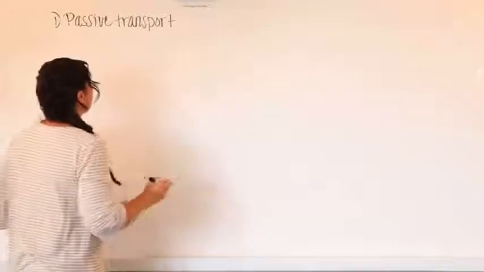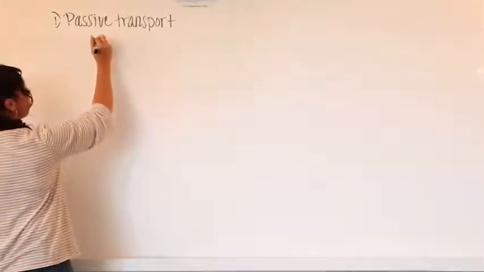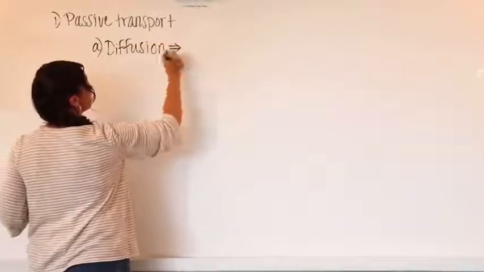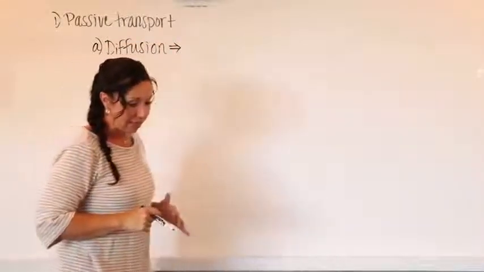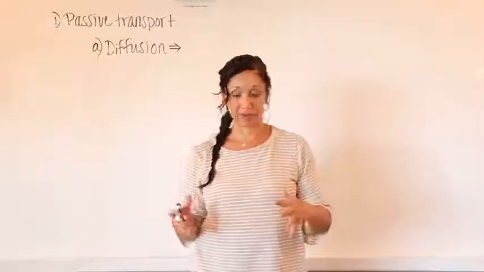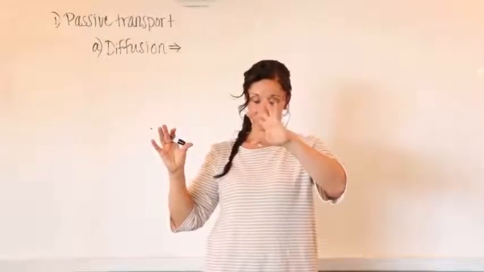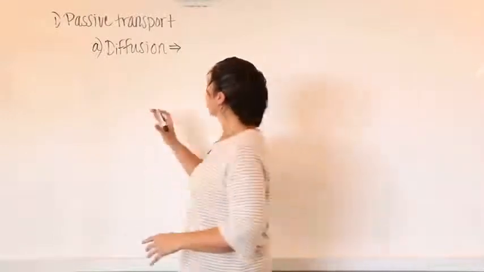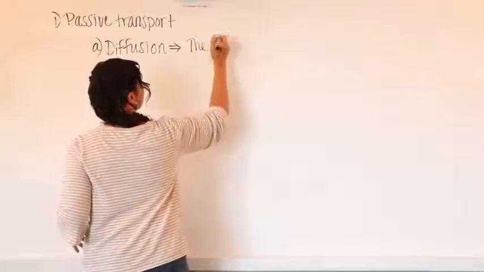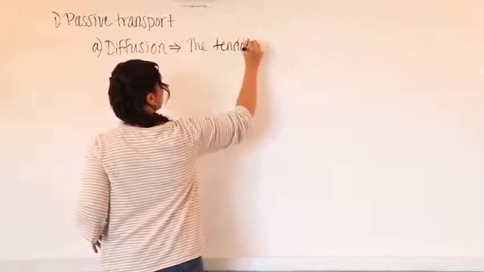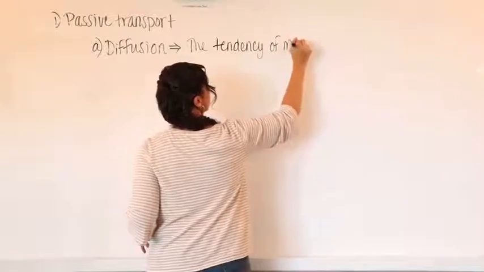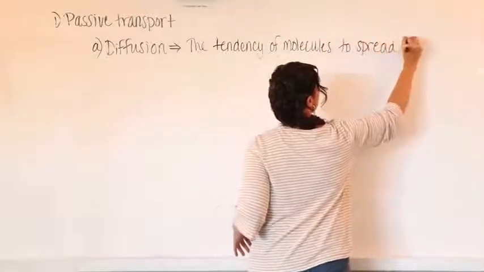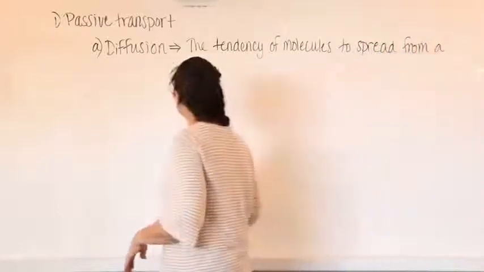So let's define passive transport. Well, we already did passive transport. Let's define diffusion. This is the first type of passive transport. So diffusion is the tendency of molecules to spread from a region of high concentration to low concentration.